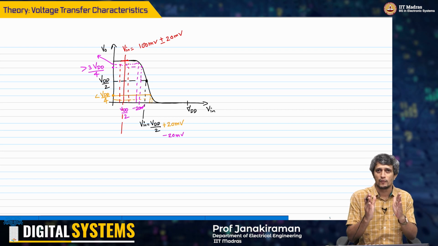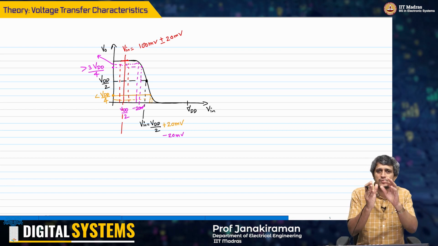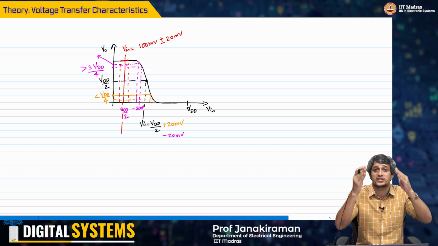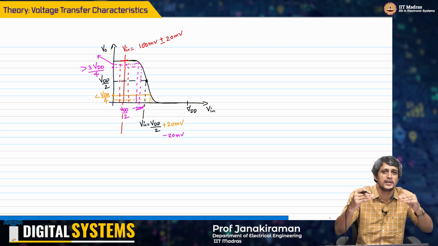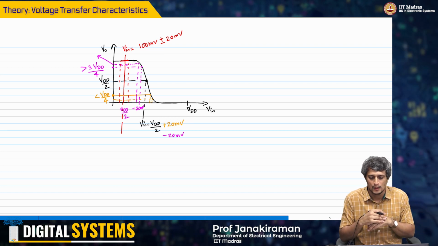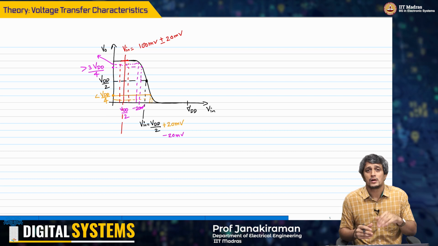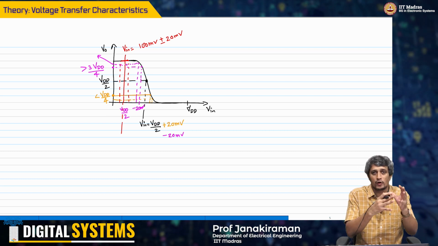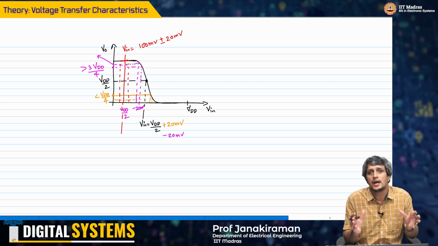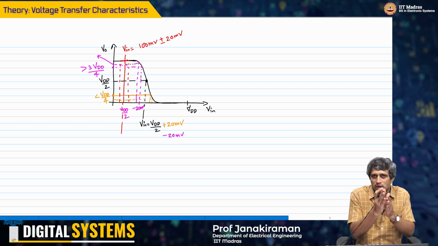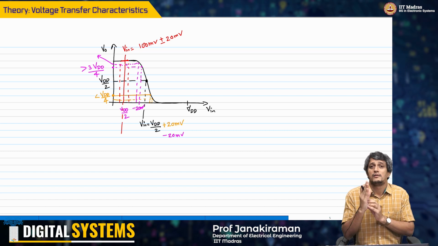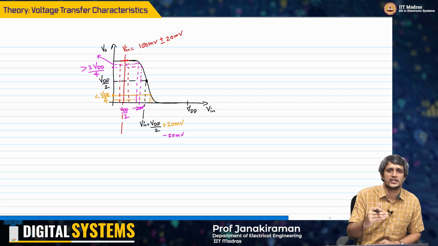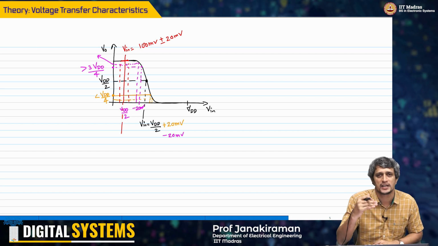If it is 100 millivolt, any change, positive noise, negative noise, it does not change the output. The output is still logic 1. It is close to VDD. Okay. So therefore, what we are saying is we want to operate in a region for both logic 0 and logic 1 in a place on this voltage transfer characteristic where the output is not susceptible to noise. That is, the noise should get killed.